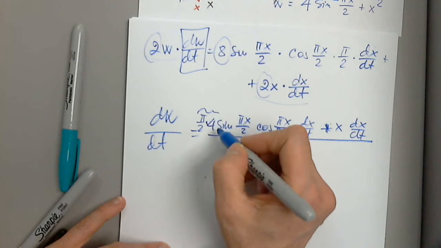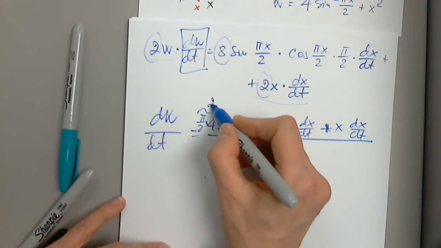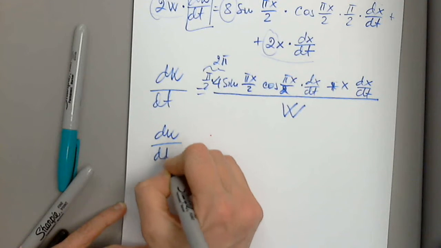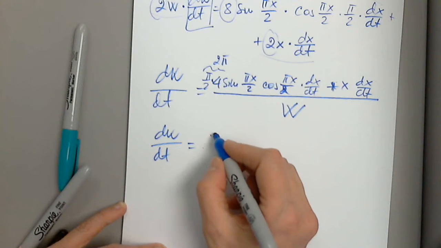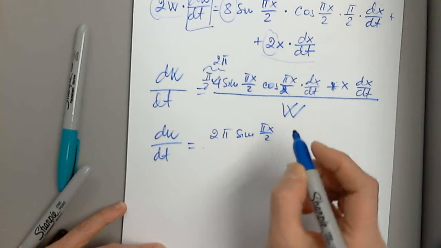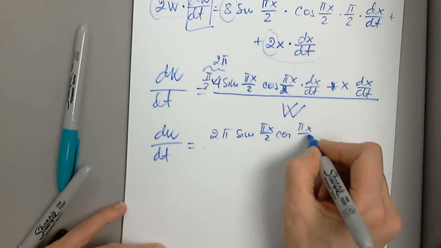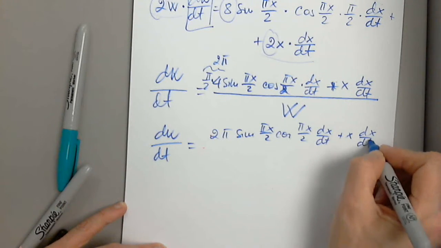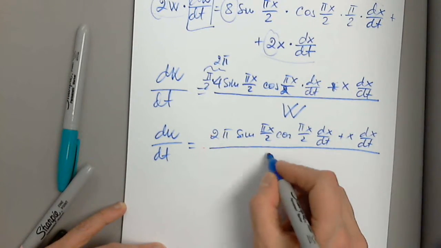So then this becomes 2 pi. I'm going to write it one more time for everyone to see. dw over dt equals 2 pi sine pi x over 2 cosine pi x over 2 dx over dt plus x dx over dt, over w.